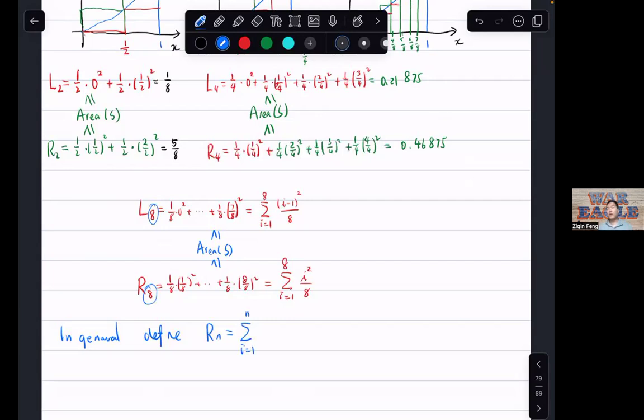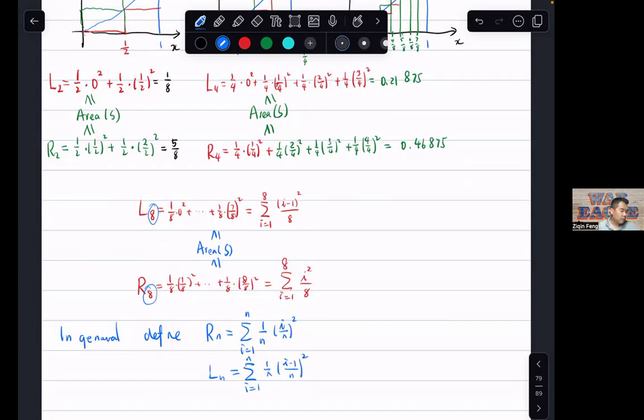Because the total length is 1, you divide it into n smaller pieces. We are using the right endpoints, so this is (i over n) squared. And Ln here is the summation over i from 1 to n of 1 over n times (i minus 1, which is the left endpoint) squared, right?